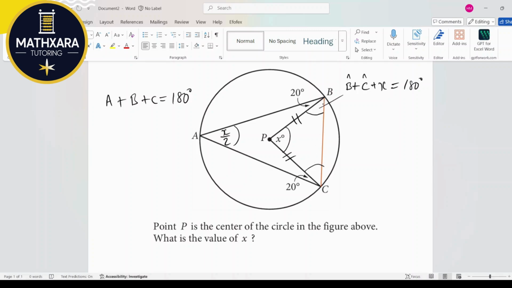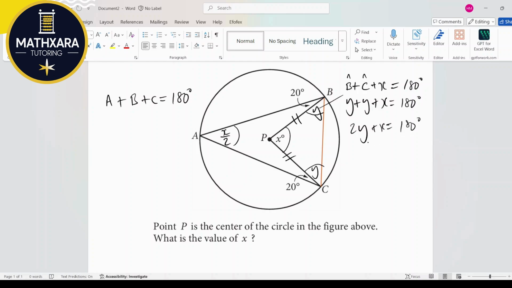But if you notice, angle B and C are actually the same. So let's call them Y. So this could be angle Y and angle Y, which makes Y plus Y plus X equals 180 degrees. Let's simplify this equation. 2y plus x equals 180 degrees.